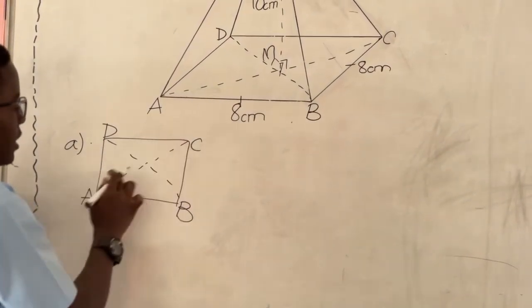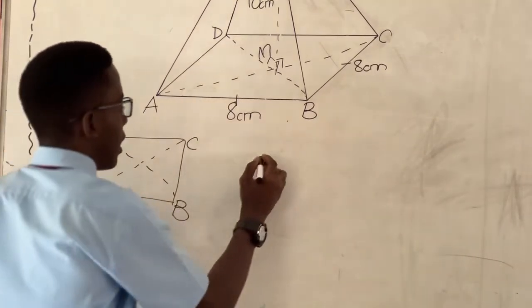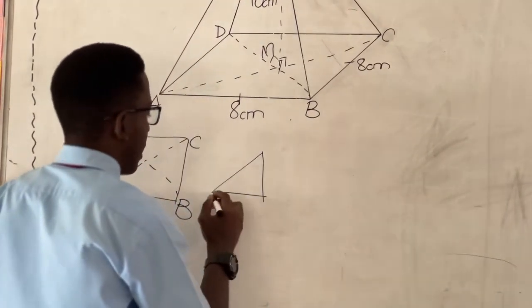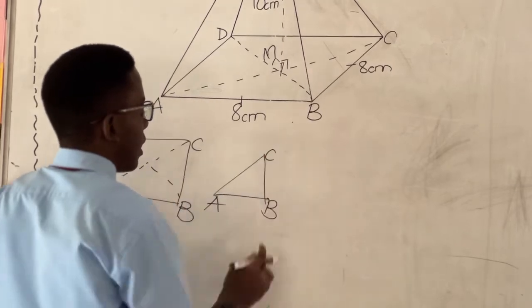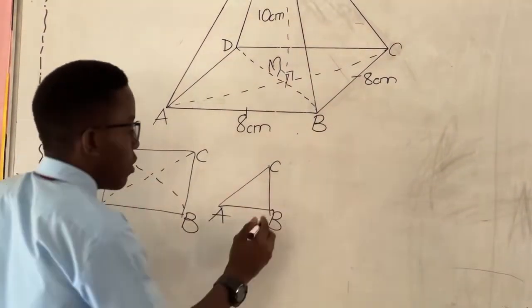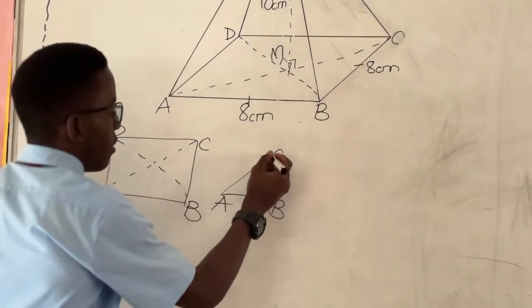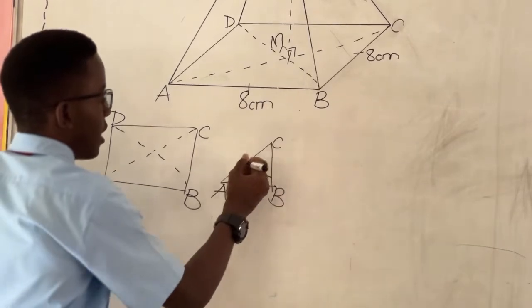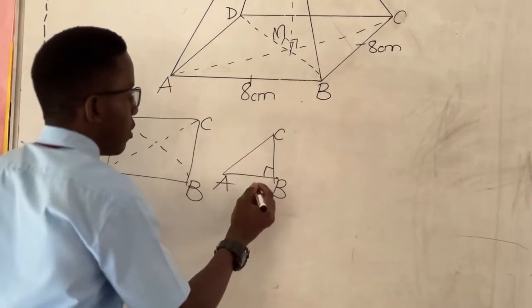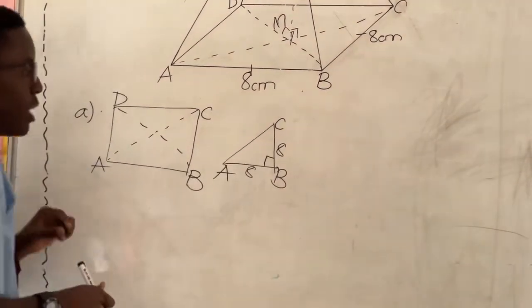So if we have SC, you realize that this part is forming a triangle with sides A, B, and C, and in a square we know that angle ABC is going to be 90 degrees, and so if this is SC, we're finding SC, but we know this is 8, this is 8.